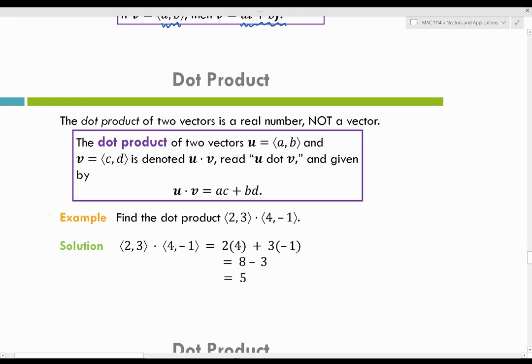In this example, we're asked to find the dot product between two vectors: the first one is ⟨2, 3⟩, and the second one is ⟨4, -1⟩. To get the dot product, you multiply the horizontal components together, multiply the vertical components together, and then add those together. So your answer for that would be 5. You're always going to get a singular answer for the dot product.